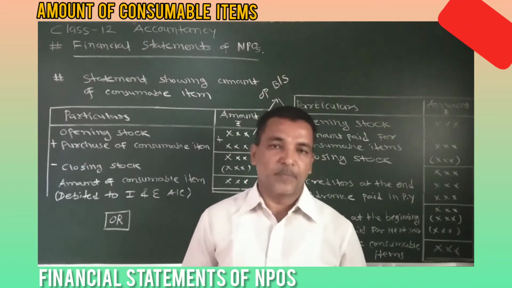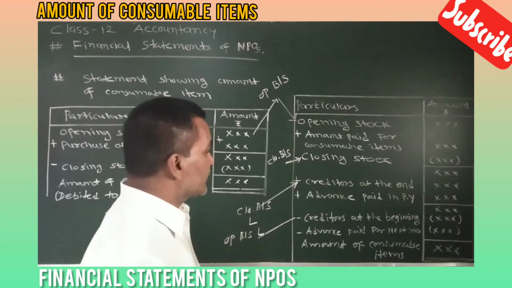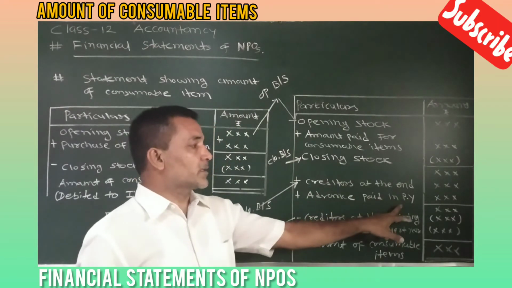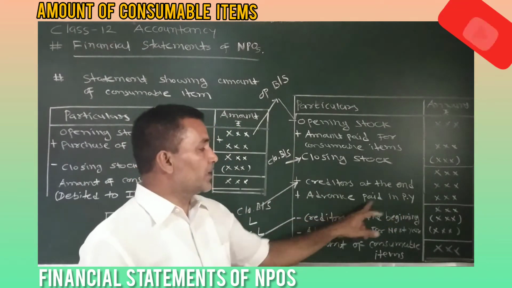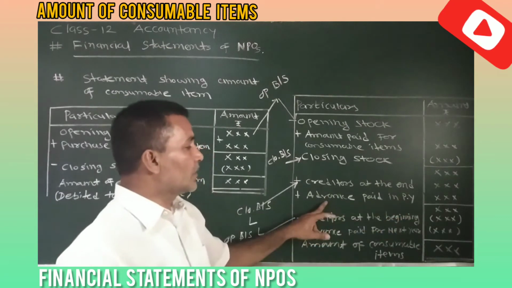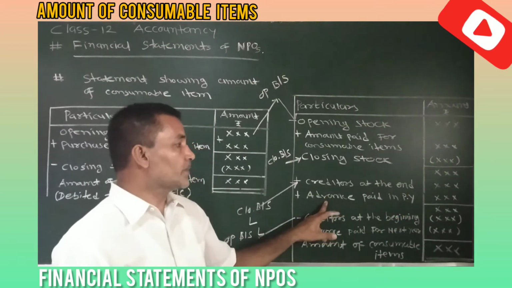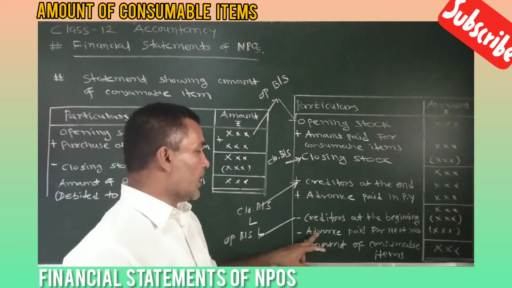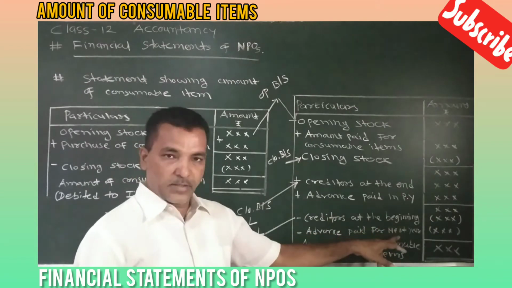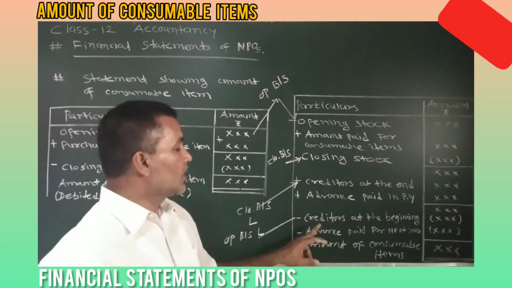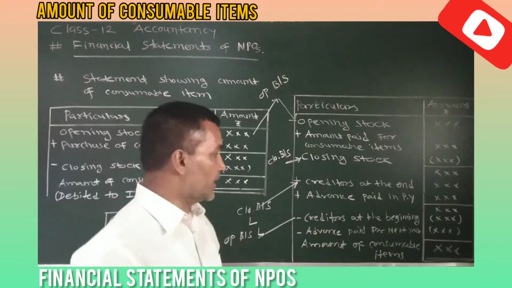Similarly, if advances are given, then advance paid in previous year will go in opening balance sheet asset side, and advance paid for the next year, that will go in closing balance sheet asset side.